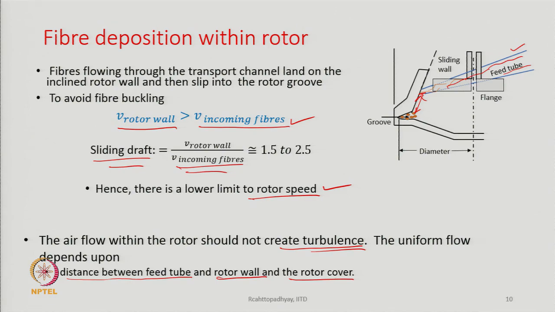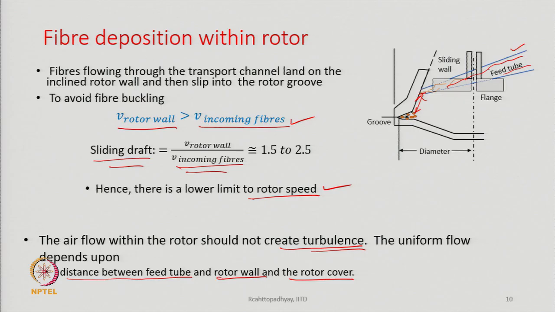The whole rotor housing is placed within a negative pressure chamber. Then only through the feed tube the fibers will flow, otherwise how will the fibers move? They can only move if air is sucked, air is made to pass through the feed tube. That means this whole assembly of feed tube and rotor must be connected to some suction.